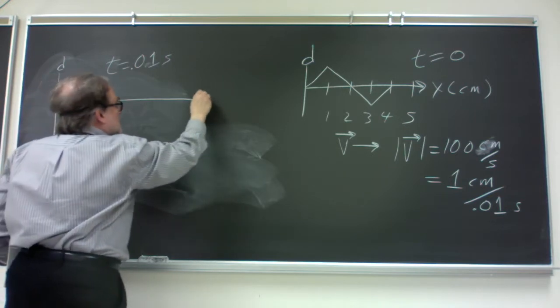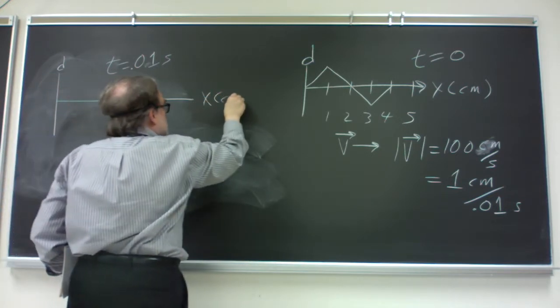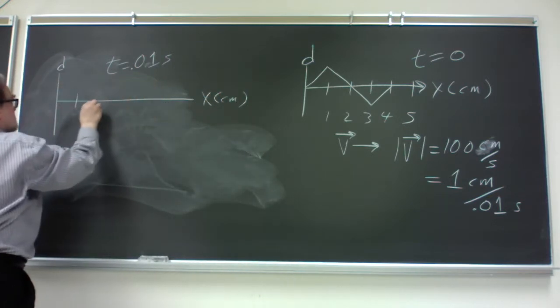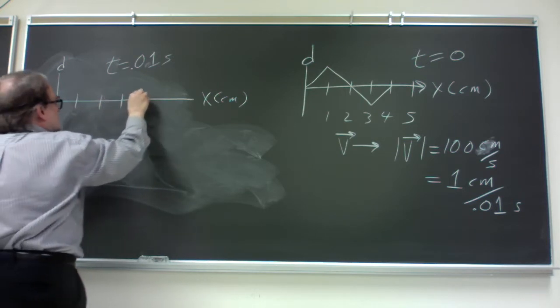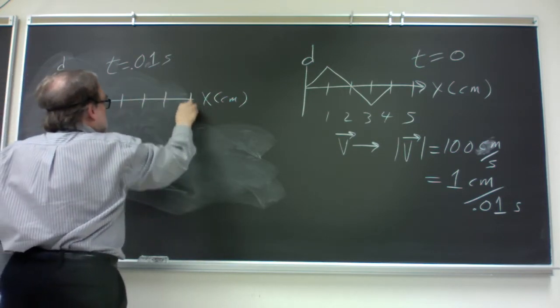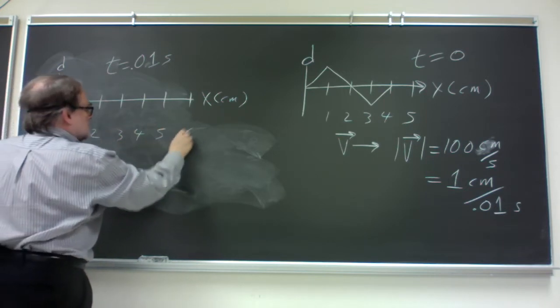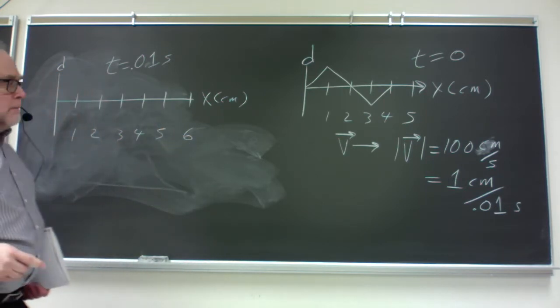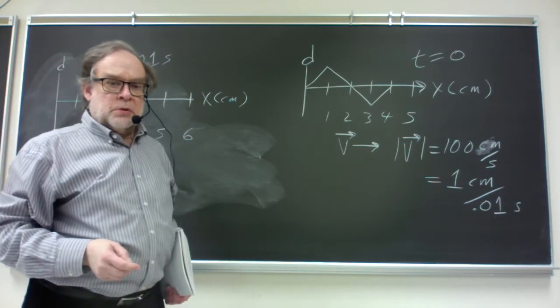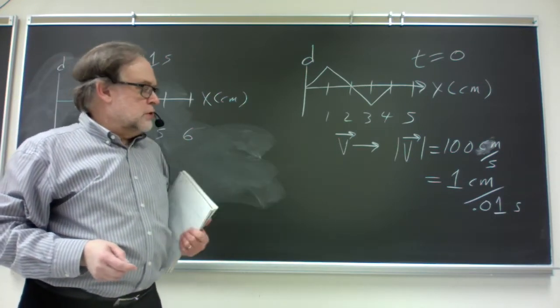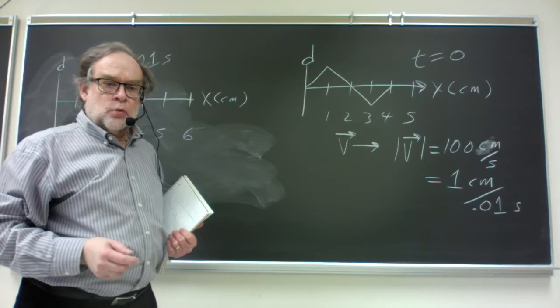Displacement versus location in centimeters. So let's think about this. This pulse moves with a speed of 1 centimeter in 1/100th of a second.